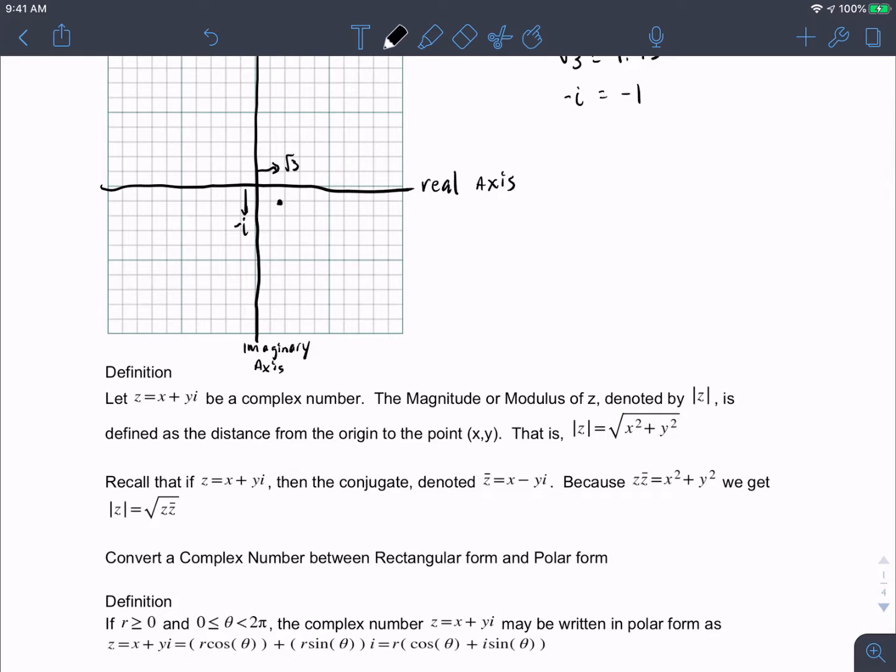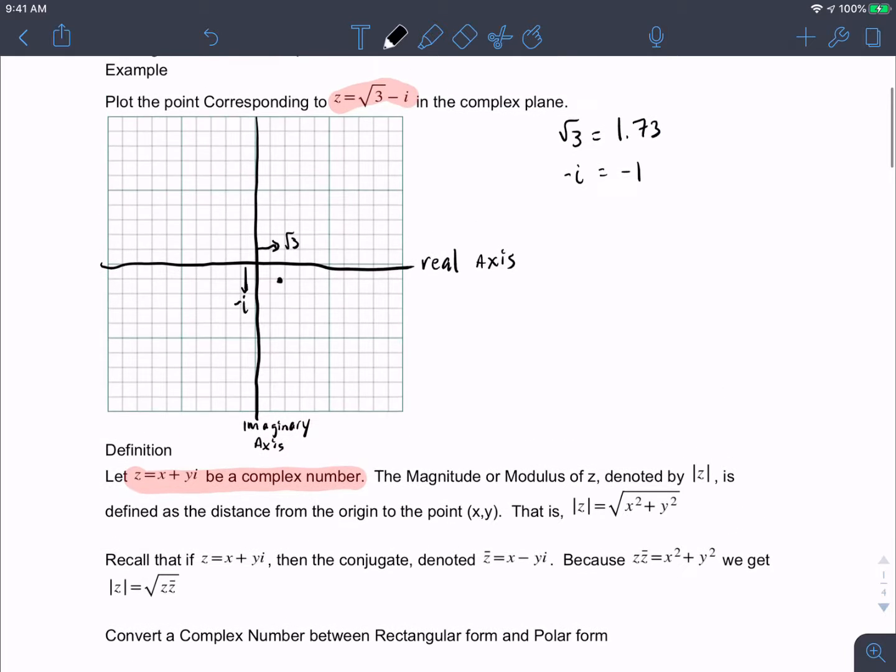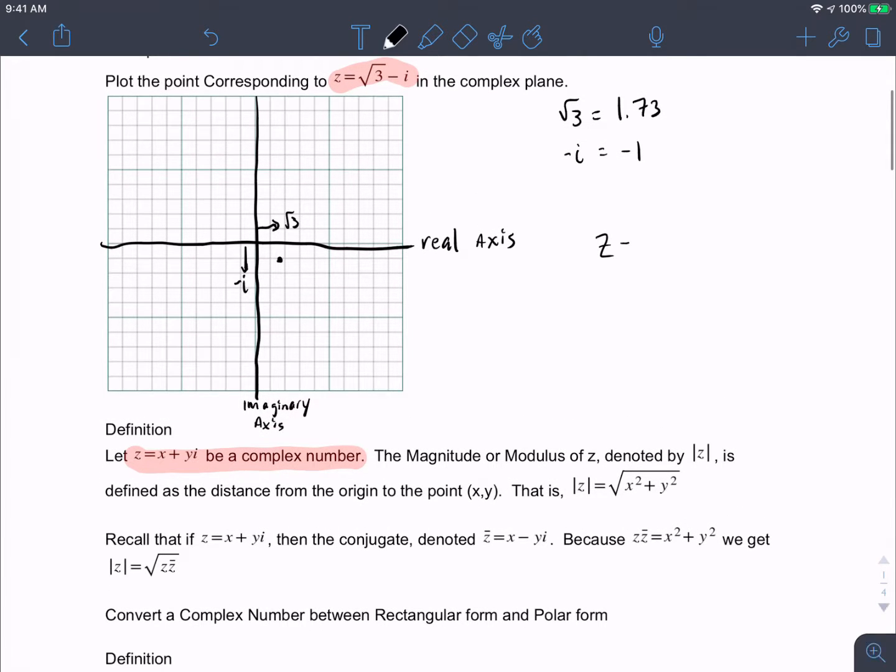There's a definition that I need to give you guys, and so z is a complex number, and it's in the form of x plus yi. So really, if we go back to that number that we just had, z was square root of 3 minus 1i.